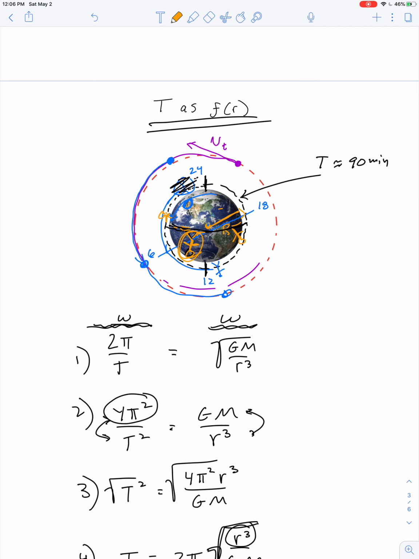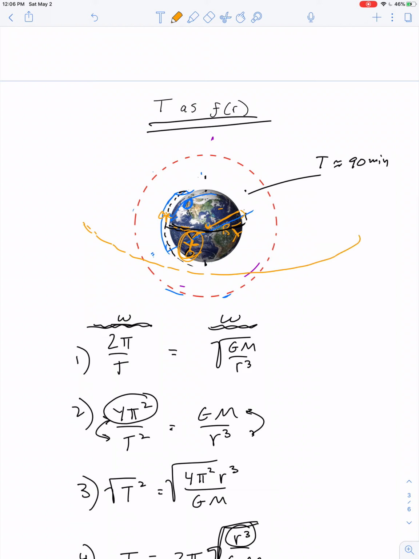So I should really be imagining a satellite that's orbiting in a different plane, right? Or orbiting somewhere out here. And the question is, how far away from the center of the Earth would that orbit have to be so that the satellite is locked directly overhead?